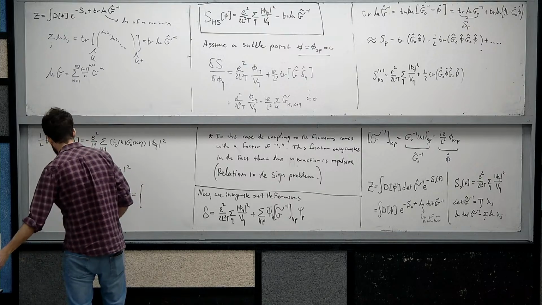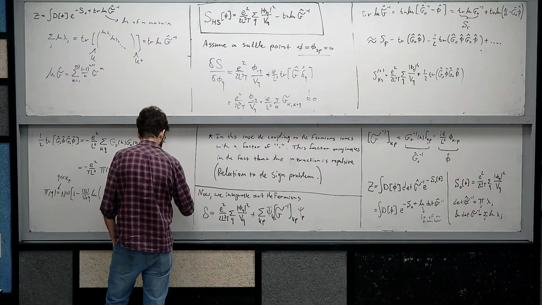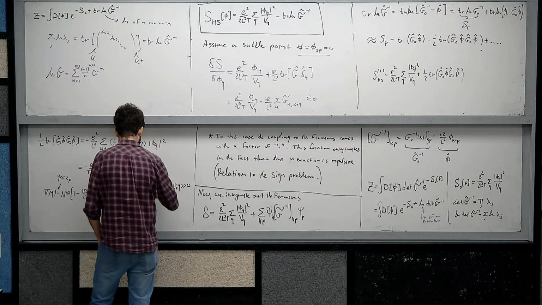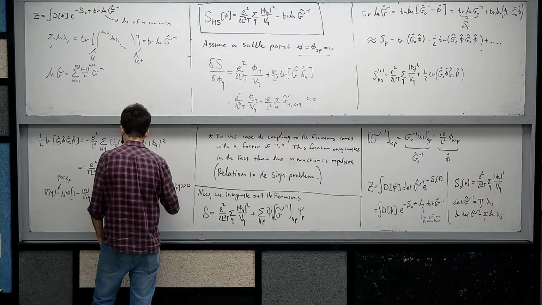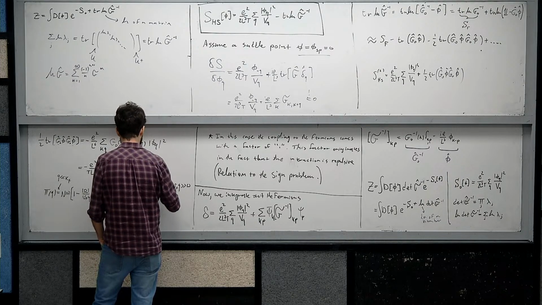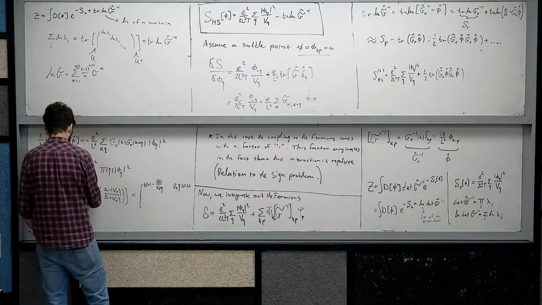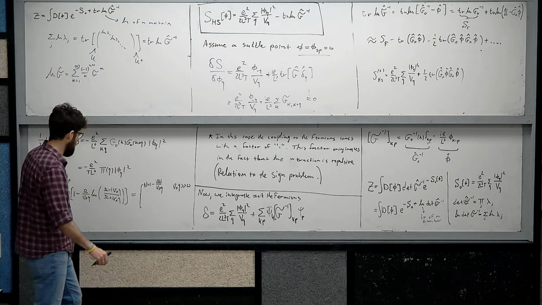Then we have two limits. When v_F q is much, much greater than omega, we have n of 0 minus i omega over v_F q.